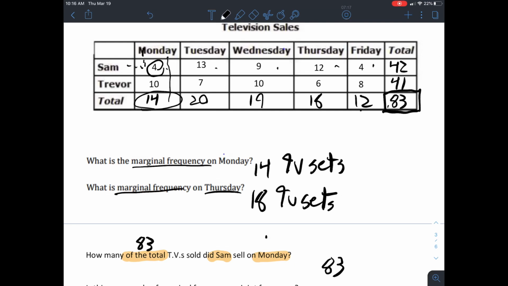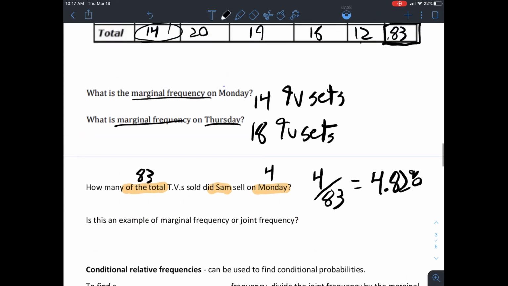Those two boxes meet here. So, Sam sold 4 TVs on Monday. So, 4 TVs out of the total 83 would give us 4.82% of all the TVs sold were sold by Sam on Monday.